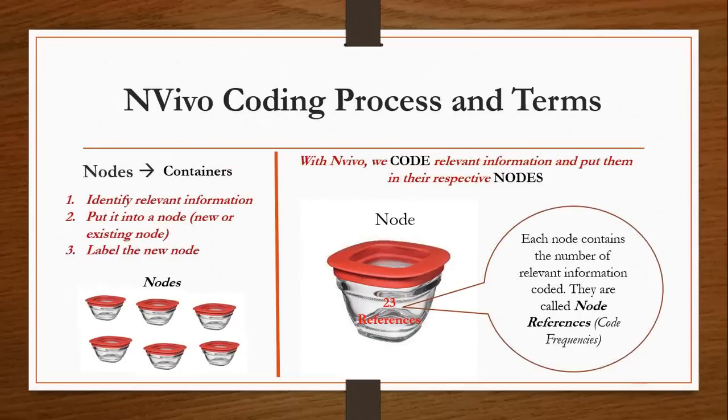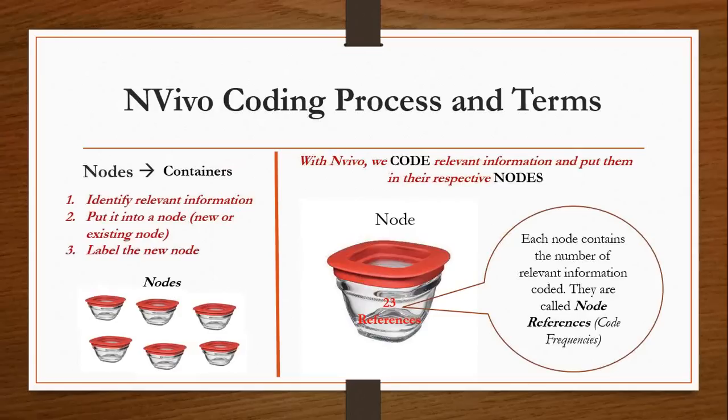Last week I talked about the fact that you should think about a node as a container, right? A container that you drop significant information in based on what you are looking for. So you go in there with your research question in mind, and you identify information that may address your research question, and you highlight them, you label them, and you drop them in the node containers.